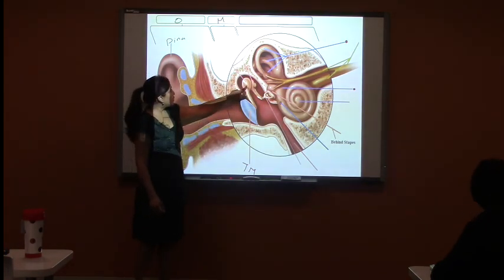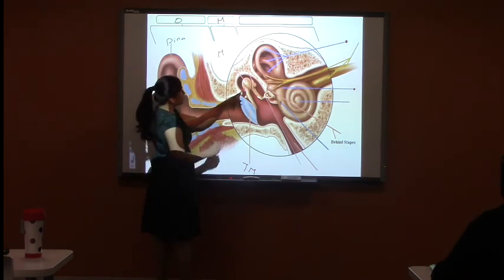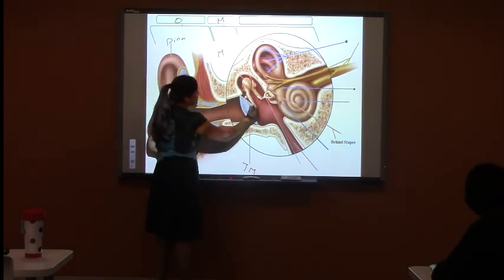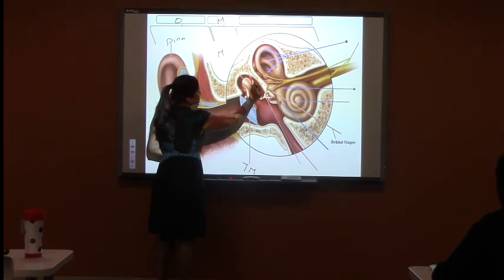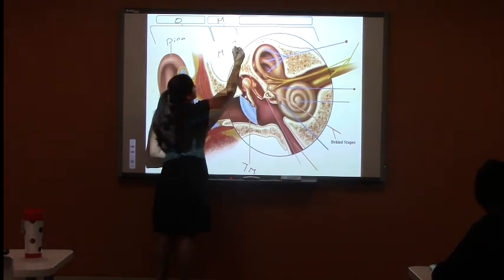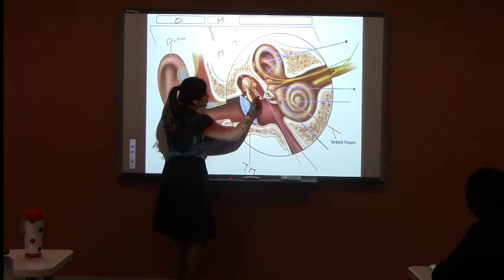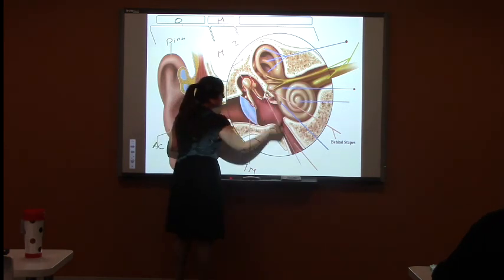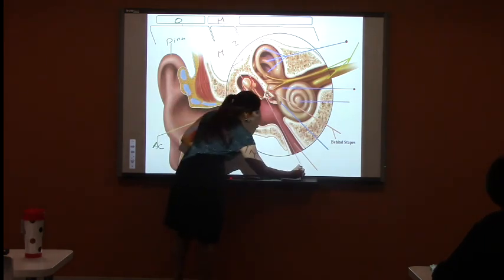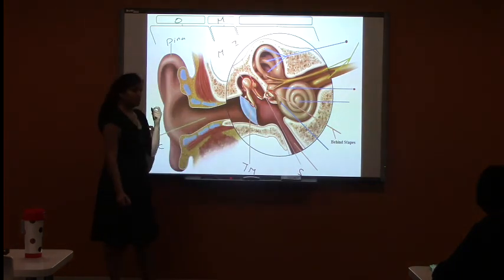Then you have the three bones. The malleus, which looks like a hammer right there. Then you have the incus right here. And then you have the stapes, which looks like an iron.